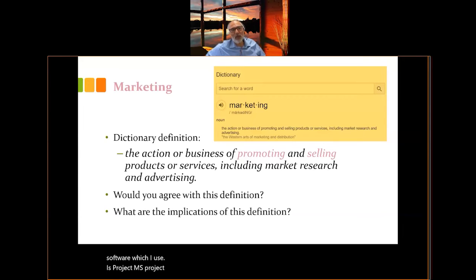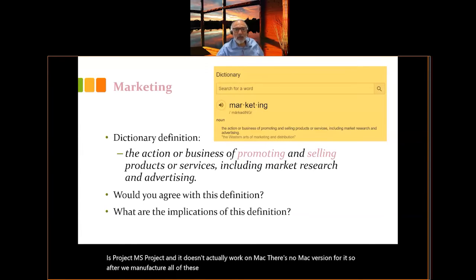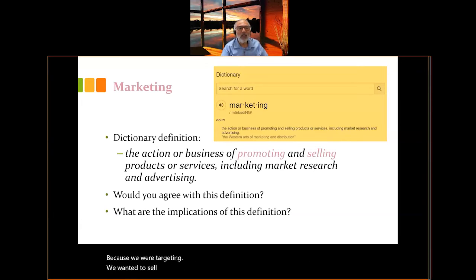There's no Mac version for it. So after we manufacture all of these computers, nobody wants to buy them, because we wanted to sell to project management students, but we failed to ask the first question: whom are we serving, and what are their needs?